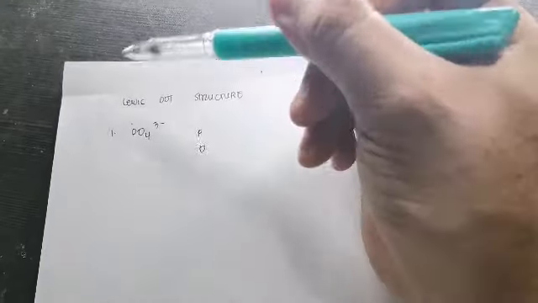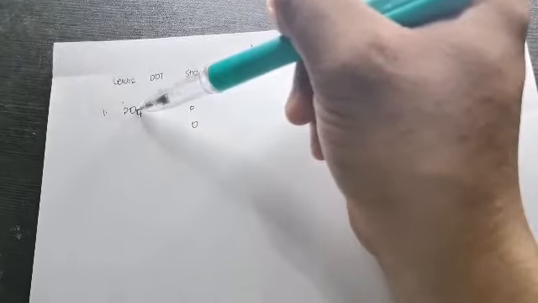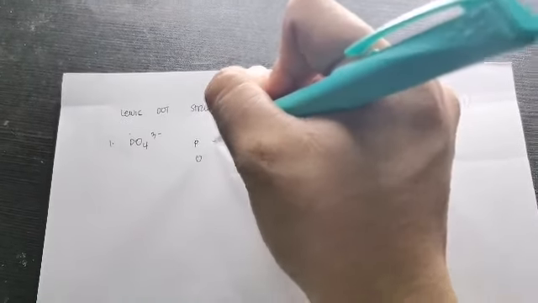We have phosphorus and oxygen. Phosphorus and oxygen. And then after that, get your periodic table and look for the valence electron of the two elements, namely phosphorus and oxygen.